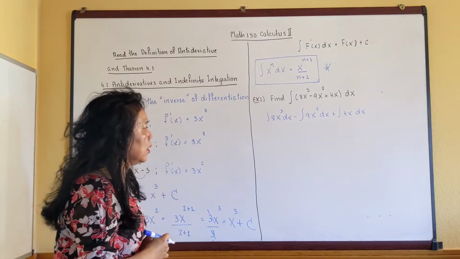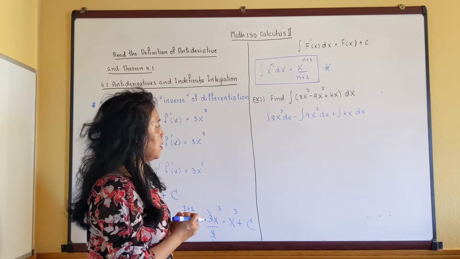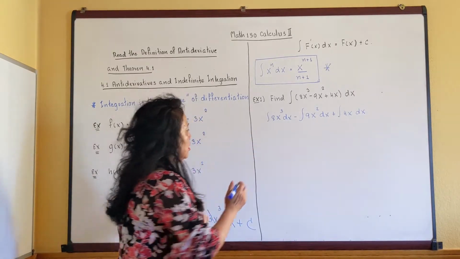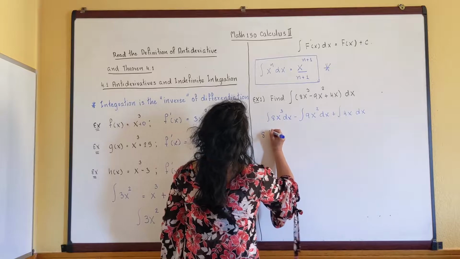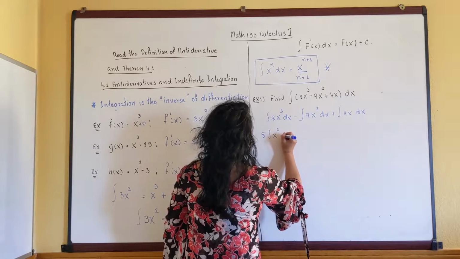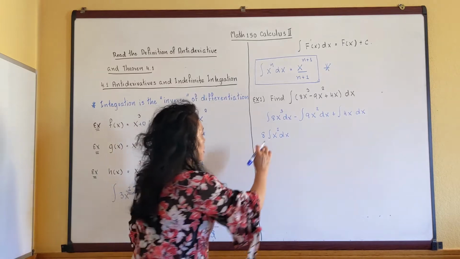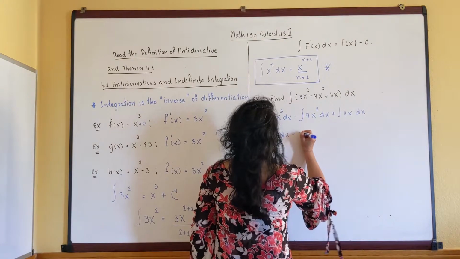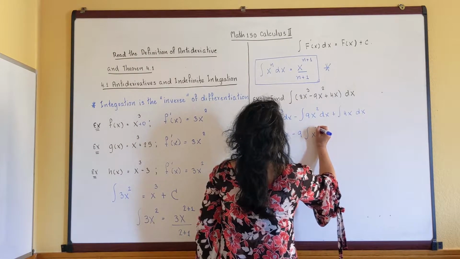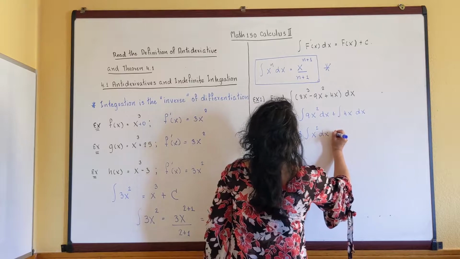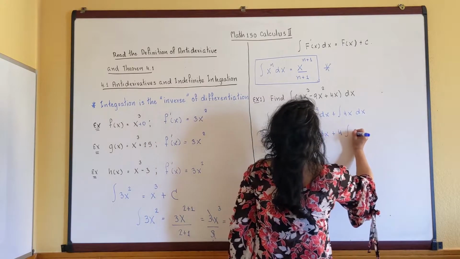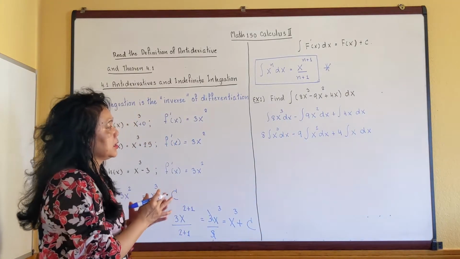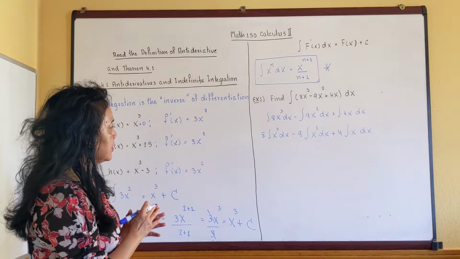I take an integral of each term, that's allowed. Next step, there is a theorem that says I can take out the constant. So I have 8 times the integral of x to the cube dx, minus 9 times the integral of x squared dx, plus 4 times the integral of x dx. At this point, I just take out the constants.